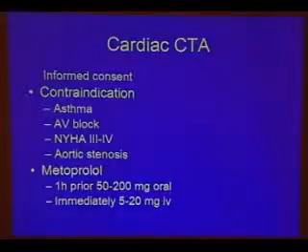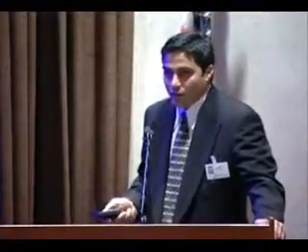To do that, we inject intravenously a medication, metoprolol, or beta blocker, which some of you might already know about, and it just decreases your heart rate so we can take better pictures of the moving heart. People with asthma sometimes might have a little bit of shortness of breath if we give this intravenous medication, but we screen for this.